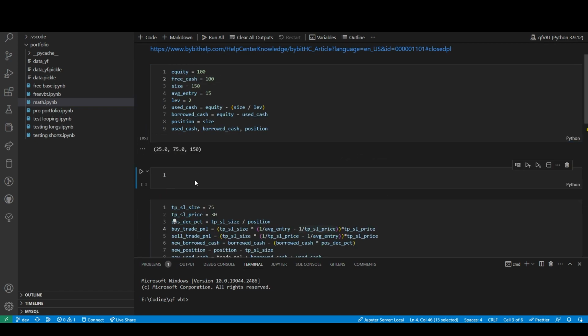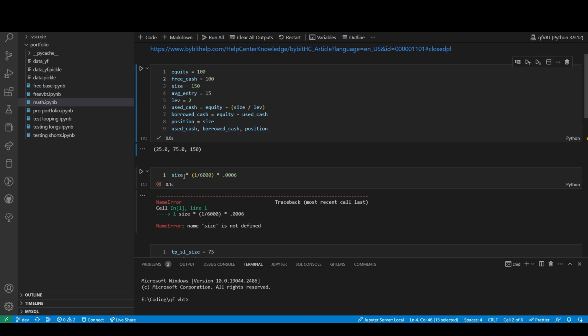So here the fees would be size times 1 divided by the entry, which would be 6,000, times 0.0006, and then we just add 2 zeros like this. Whoops. Size is not defined. Oh, wait a minute. It would be 0.3 times 6,000.